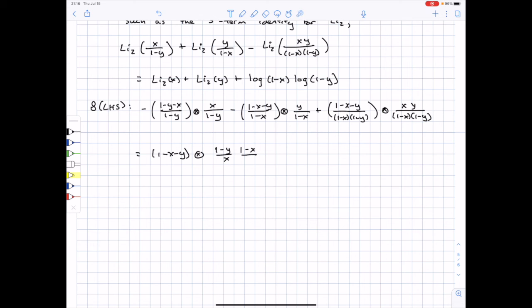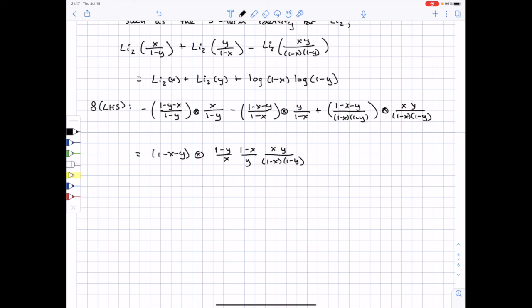And remember, by log identities, if we have a common argument here and we're combining these two terms, we combine that as the product in the argument of the logarithm. And then we have, apart from the last term as well, xy over 1 minus x, 1 minus y.